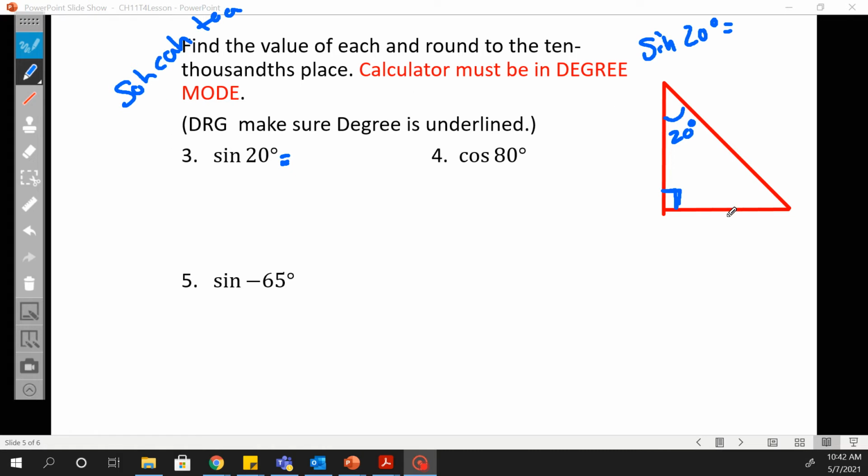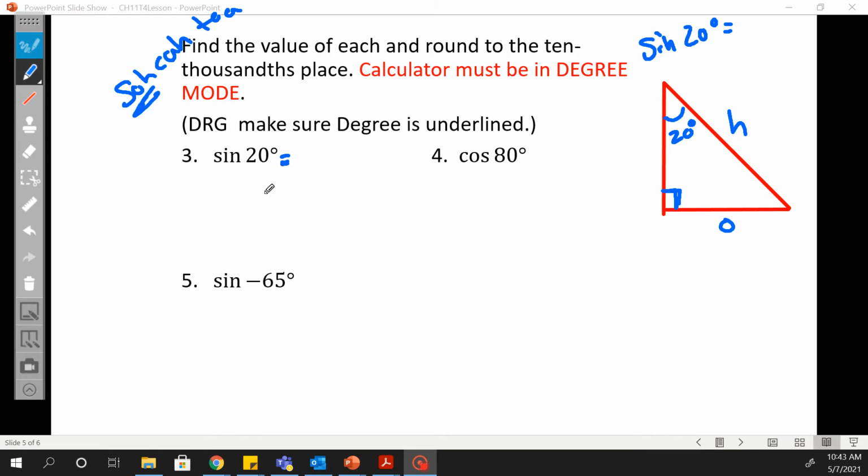I don't necessarily need to know what these sides are, but using the calculator will give me the value of that ratio.